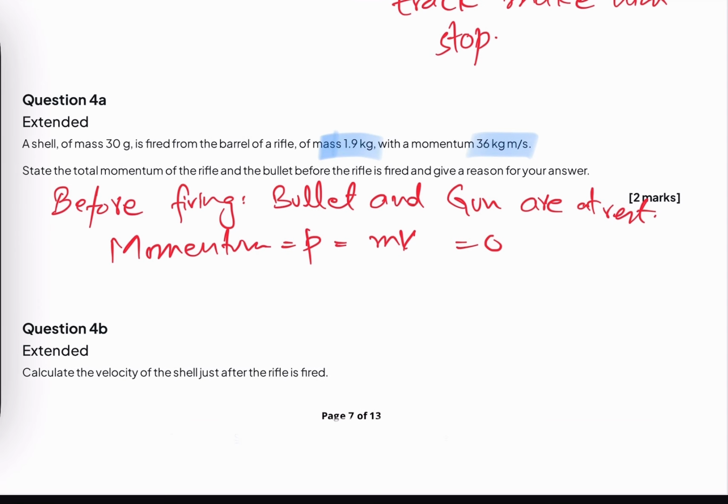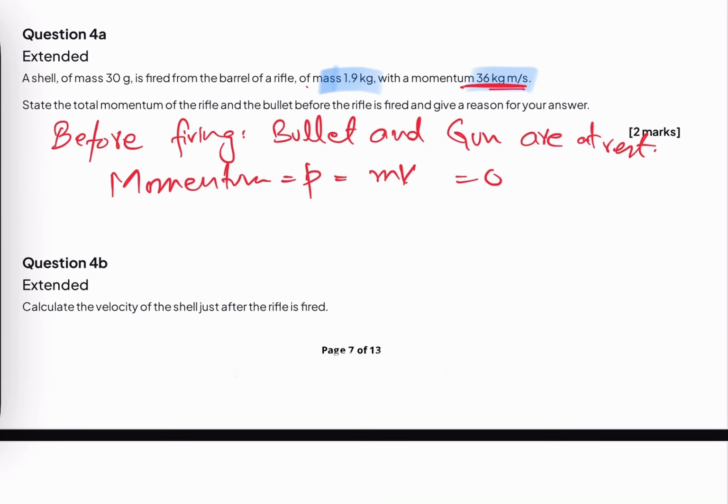We have a shell of mass fired from the barrel of the rifle, with the momentum of this 36 kg meter per second. Both will have initial momentum zero for the gun and the bullet. The final momentum, the sum of the total momentum should also be zero. So the gun and bullet both will have the same momentum in the opposite direction after we fired. Okay, so 36 is the momentum.